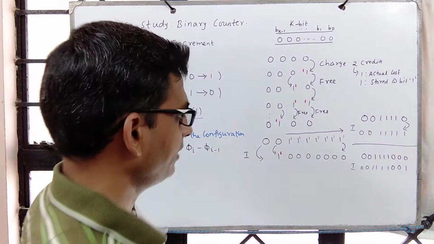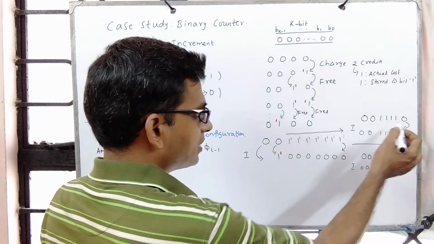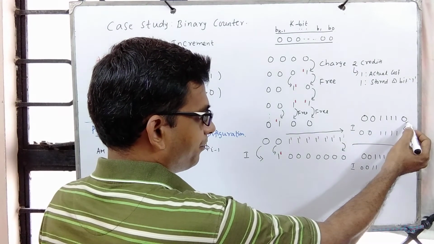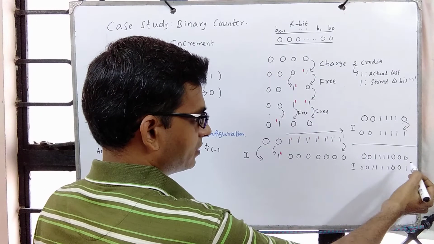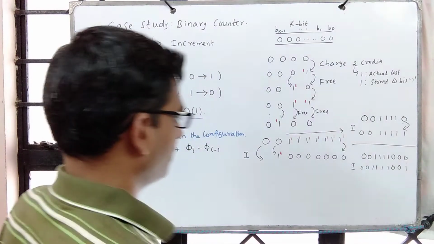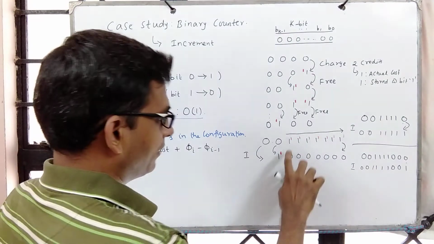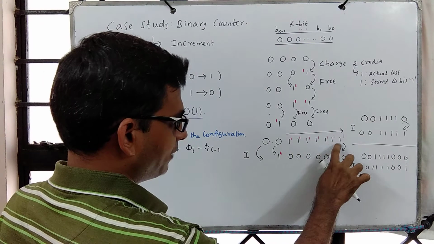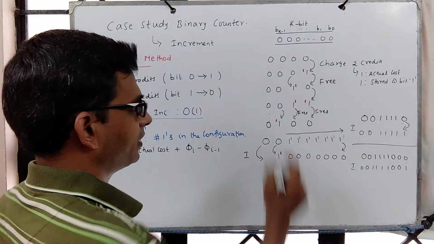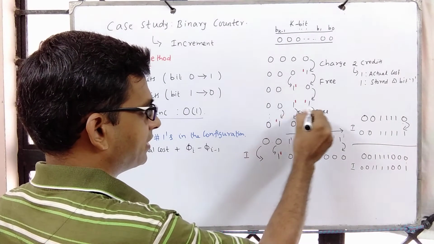So essentially, you focus on the rightmost 0. For example, in this case it is this, in this case it is this, in this case the rightmost 0 is this. If there are ones after the rightmost 0, in this case there are ones after the rightmost 0.